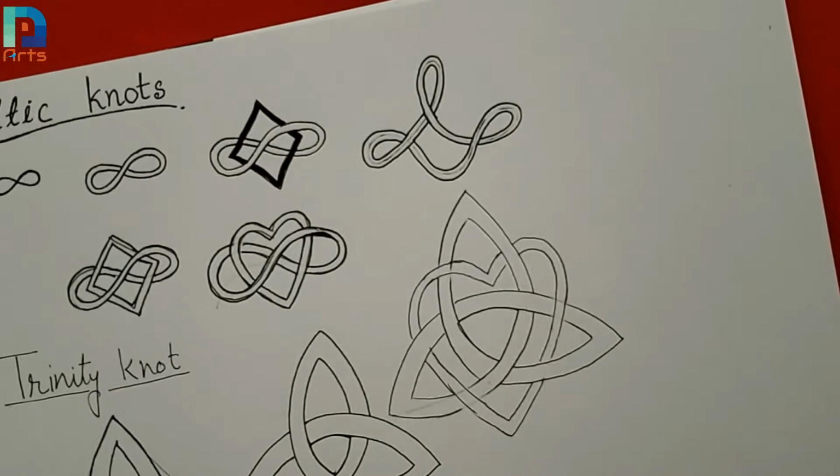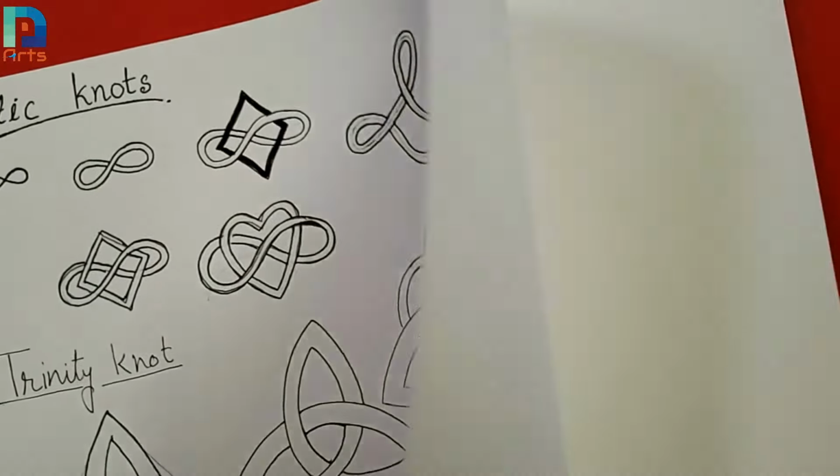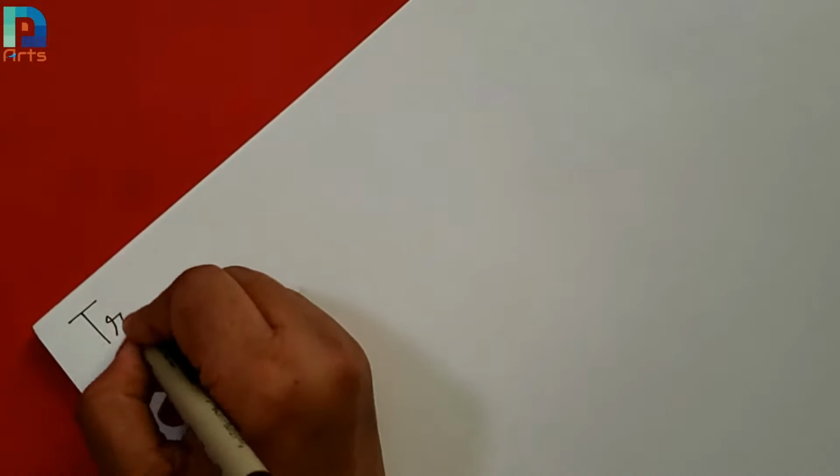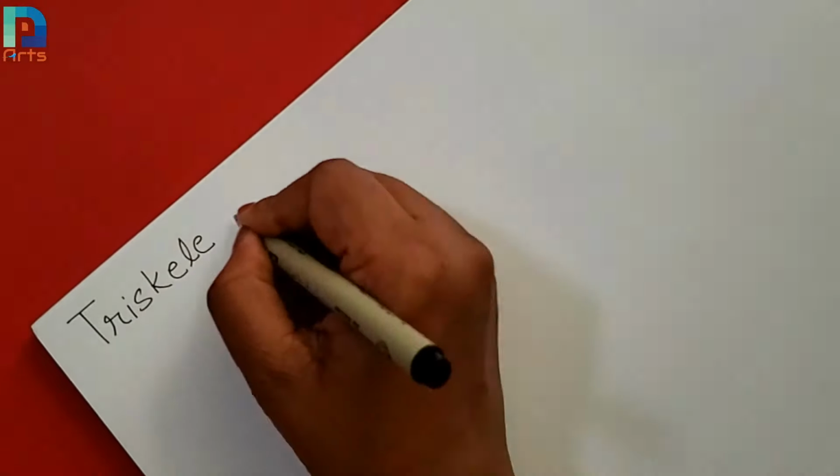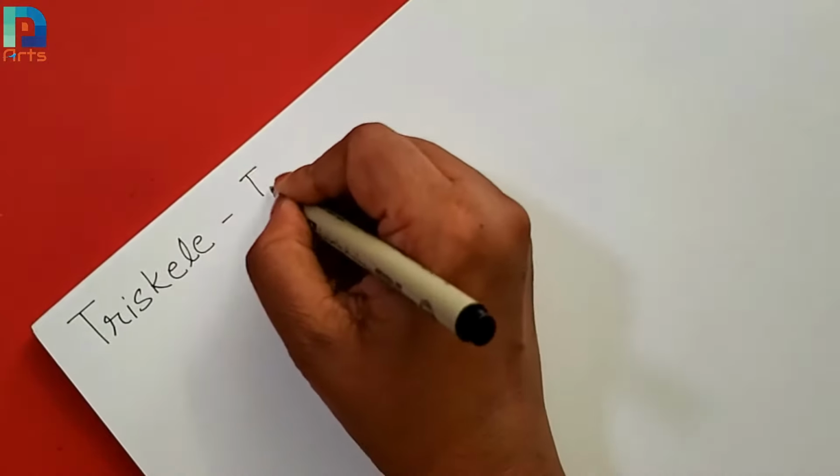I'm leaving this page to draw a lot more Trinity knots, and I'm starting with the other paper here, with the second knot, that is the Triskele. Triskele is the triple spiral.